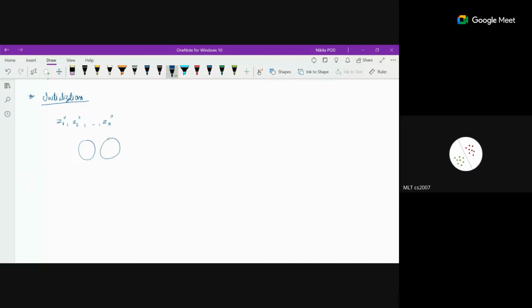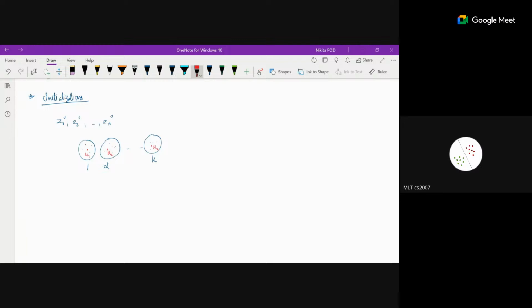So if you have k clusters and all the data points will go to one of these clusters, and each of these clusters will then have some mean associated with it. You will have mu1, you will have mu2, and so on till mu k. So these means you have assigned randomly.